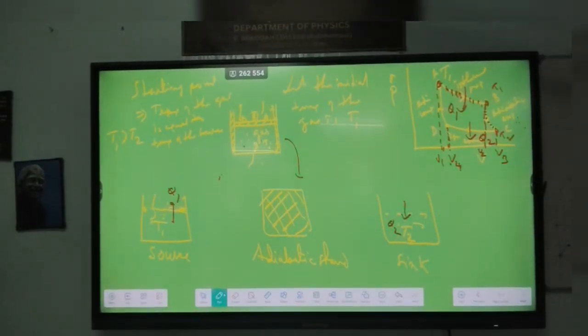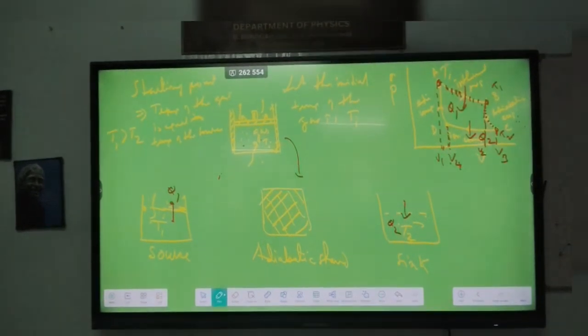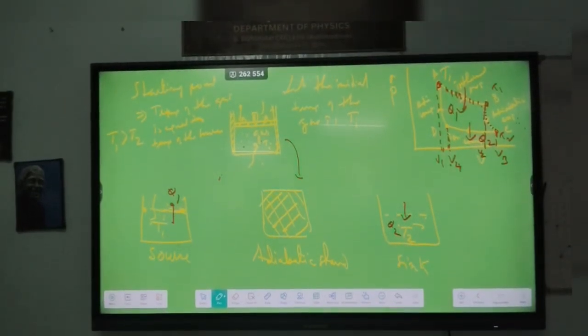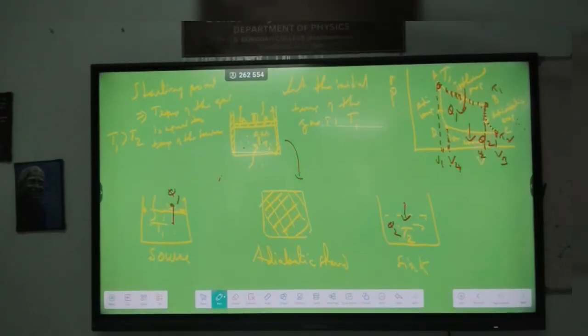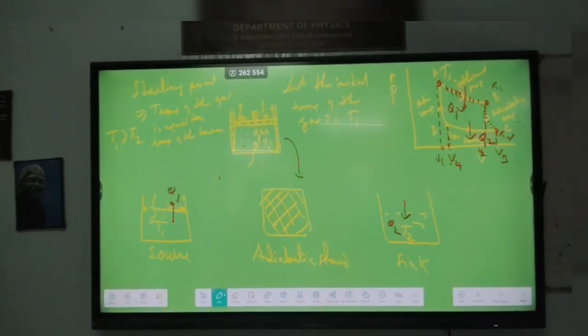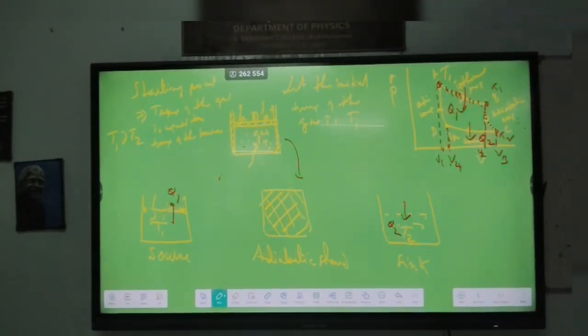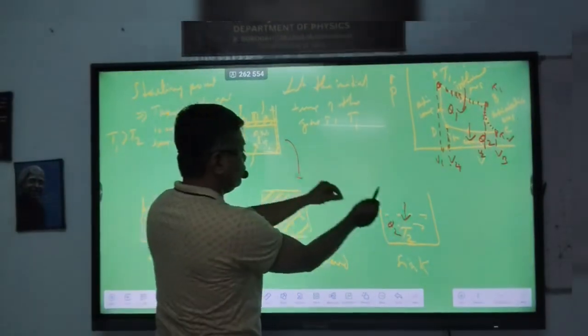So during the isothermal expansion from A to B it will take Q1 amount of heat, during the adiabatic expansion from B to C there will be no exchange of heat, then from C to D there will be isothermal compression, during that process Q2 amount of heat will be given to the sink.